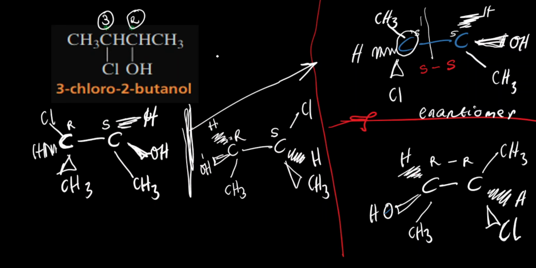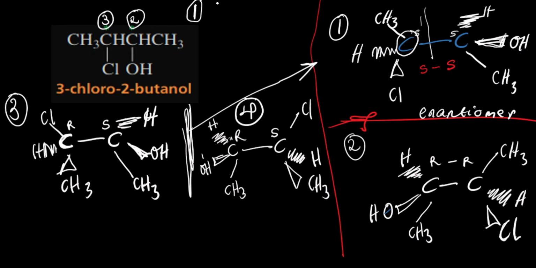So let's take out what we have so far. Let's call this sample 1, this sample 2, sample 3, and sample 4. Now for sample 1, remember, carbon 2 is the carbon attached to the OH. Carbon 2 has an S configuration, and carbon 3 also has an S configuration.